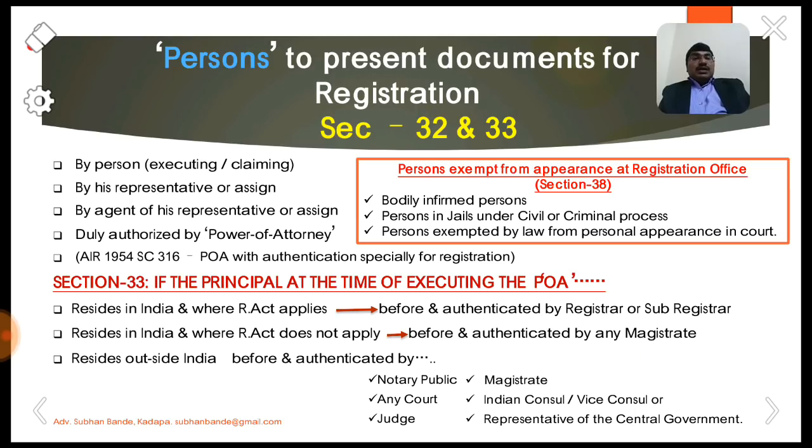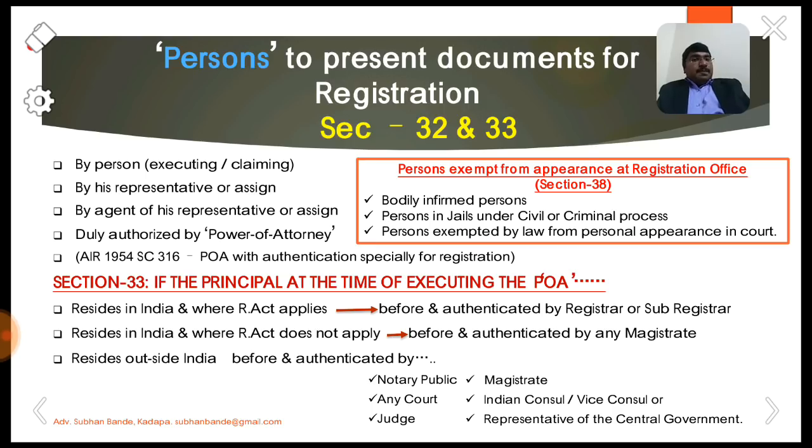And if the executor resides in India and where the Registration Act applies, he should execute the special power of attorney before the registrar and sub-registrar, and it should be authenticated by the registrar or sub-registrar. This is the rule.